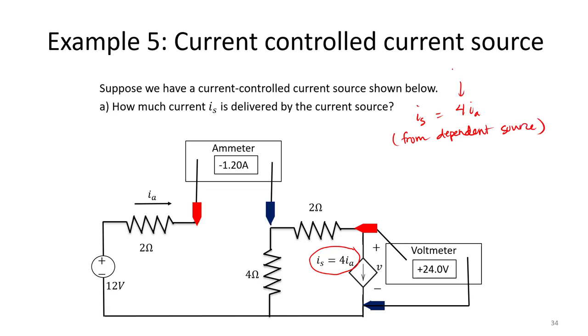So again, the 4 is the gain, that's the constant that the dependent thing is multiplied by, and IA is the thing controlling the source. Do we know IA? Let's take a look.